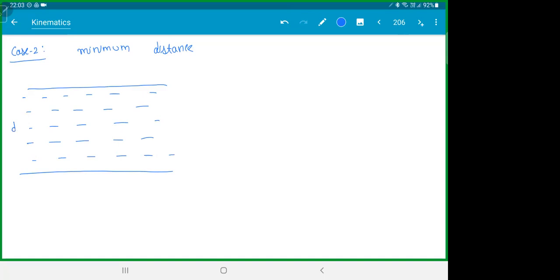Let's say the width of the river is D. This is point A and this is point B. So here we have a man who is swimming, who can swim in still water with v. The river is flowing with u and v is greater than u. So minimum distance means he just wants to go to the point exactly opposite. Now you tell me, if he swims straight, will he go to B?